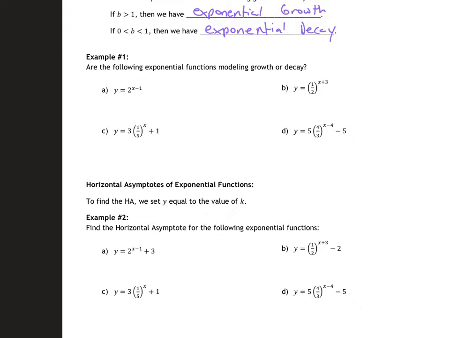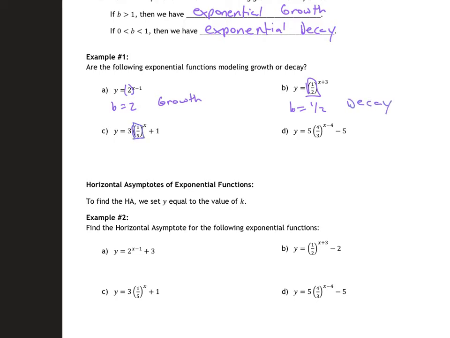Taking a look at these, are these growth or decay? Here I have the number 2. So b is 2, 2 is bigger than 1, so that is growth. Here I have 1/2. So b is 1/2, that's the number getting raised. 1/2 is between 0 and 1, so that's decay.